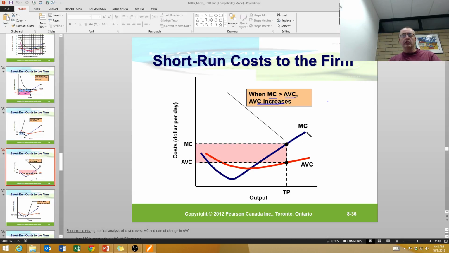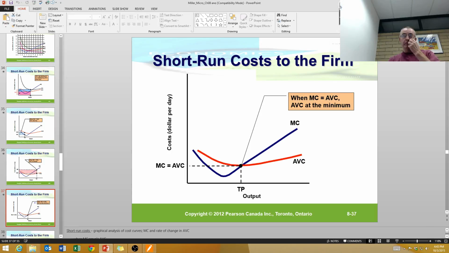So when the marginal cost curve is above the average variable cost curve, the average variable cost curve increases. And what that means is that the marginal cost curve intersects the average variable cost curve at the minimum point of average variable cost. So when marginal cost equals average variable cost, average variable cost is at a minimum.